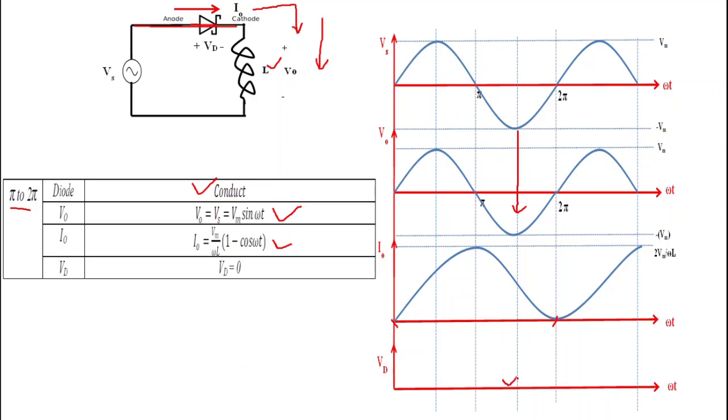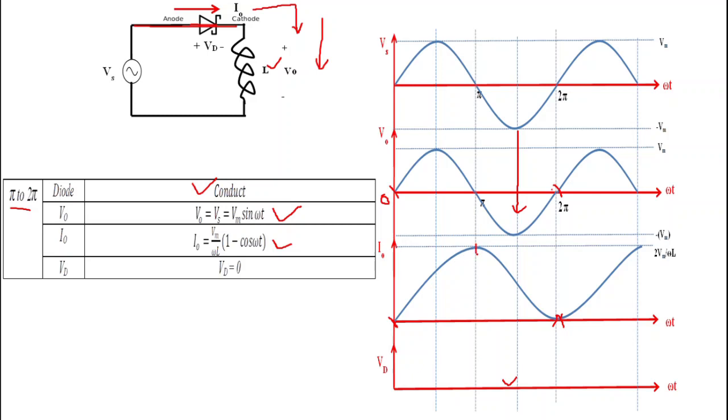So this is all about this lecture. The important point you have to remember here is that we get output voltage from 0 to 2 pi equal to the supply voltage Vs, and we get output current that is only positive from 0 to 2 pi, and the maximum value of output current occurs at pi.